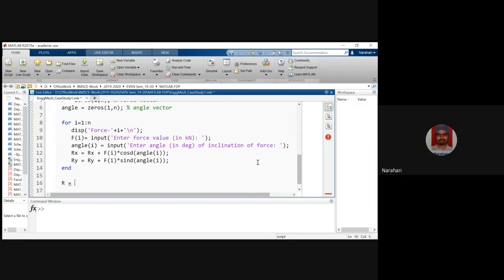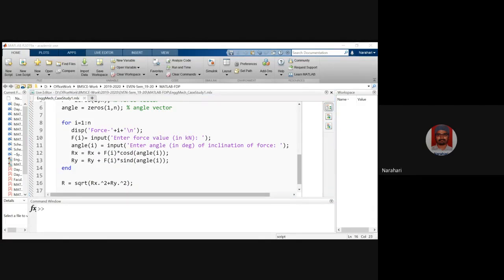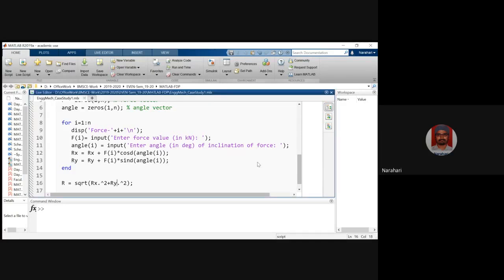So the final R, I can just see it as square root of Rx square plus, sorry, Ry square. As you did yesterday, if I am making any mistake while typing or considering, let me know.